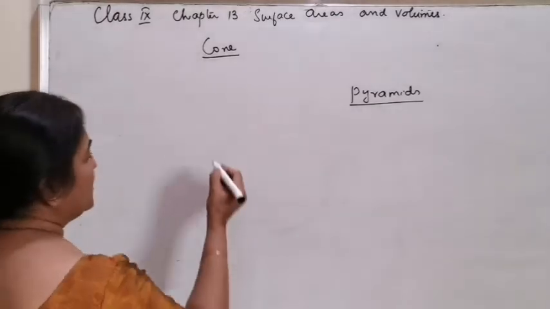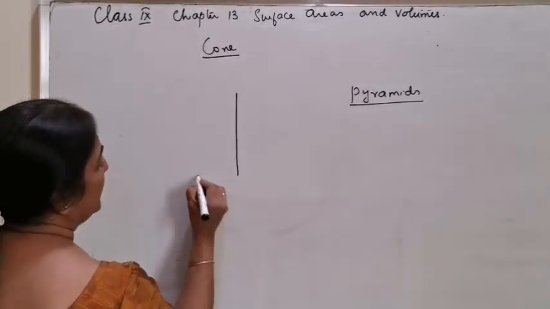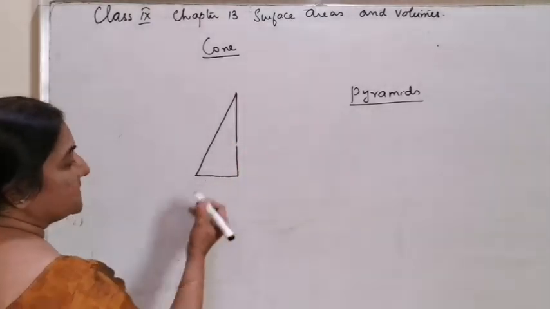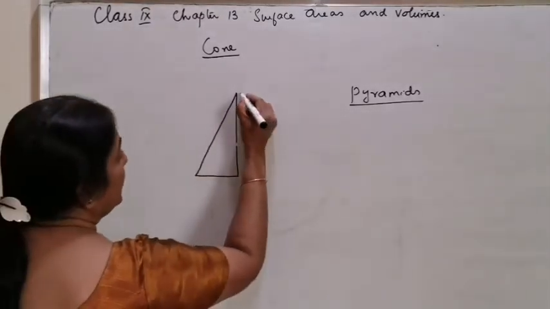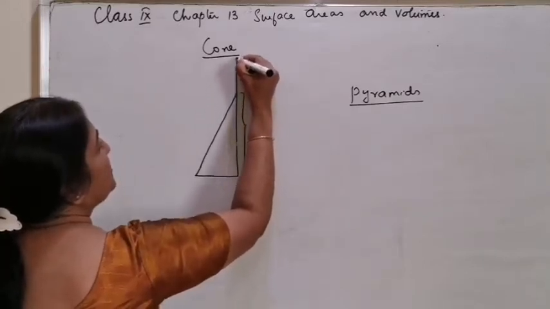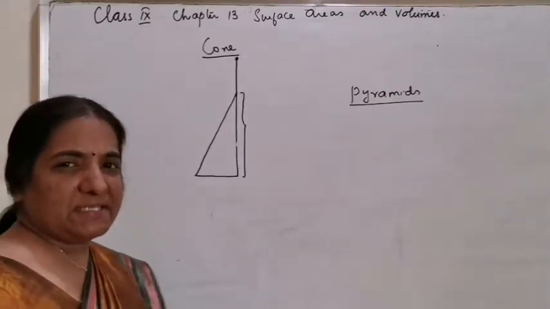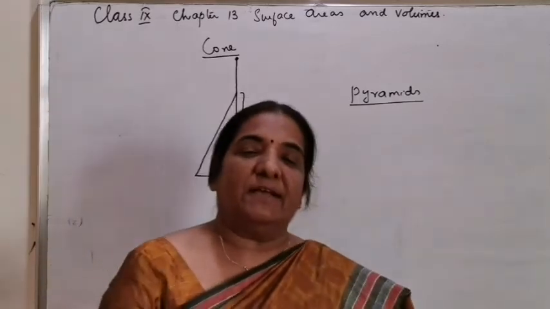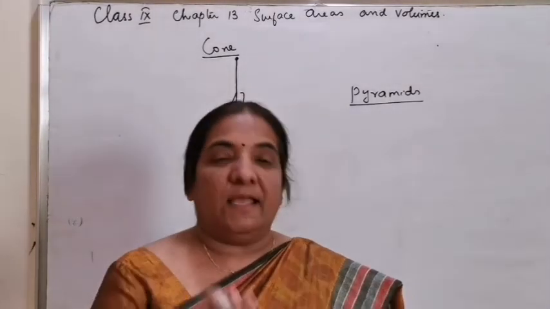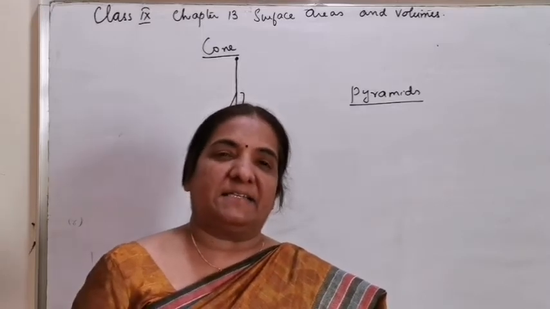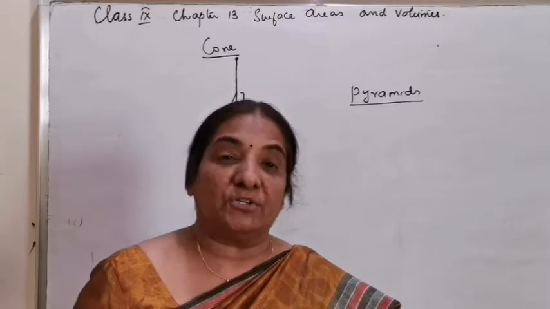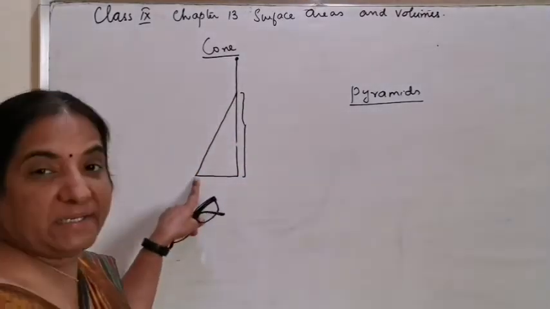You just imagine a right triangle and with the perpendicular height, you just attach a string. Take a cardboard piece of a right triangle. Along the perpendicular height, attach a string and try to give a rotation with this vertex.